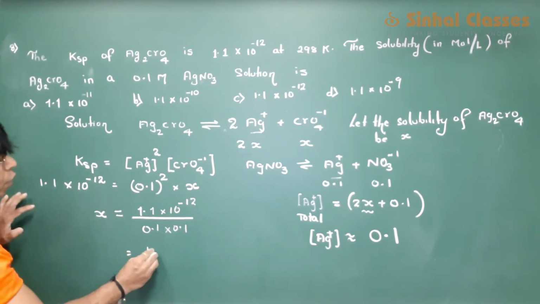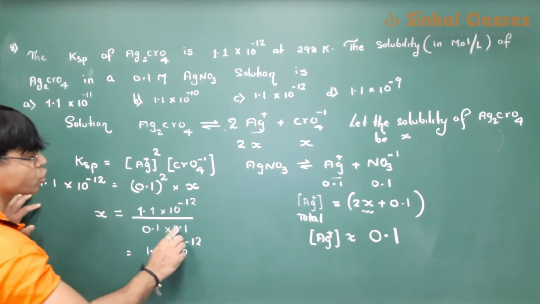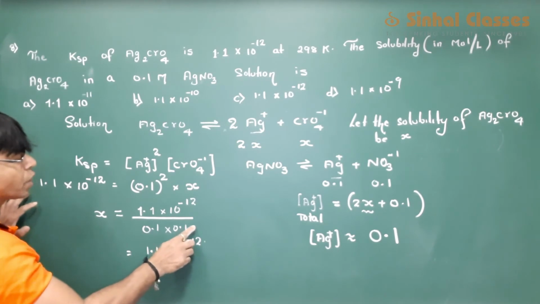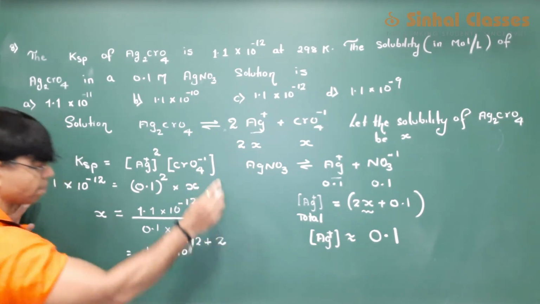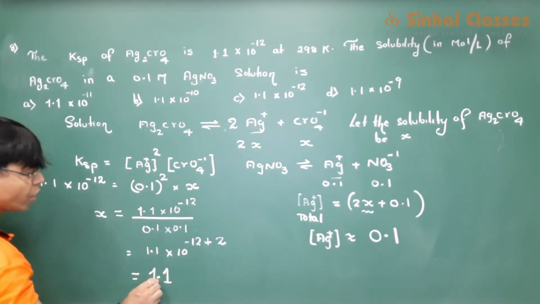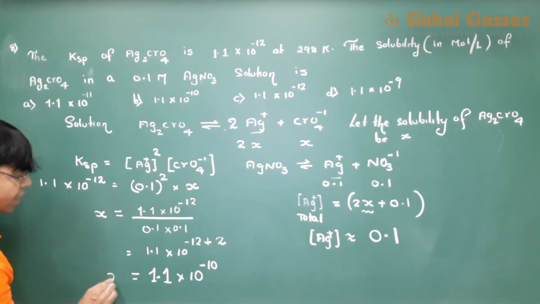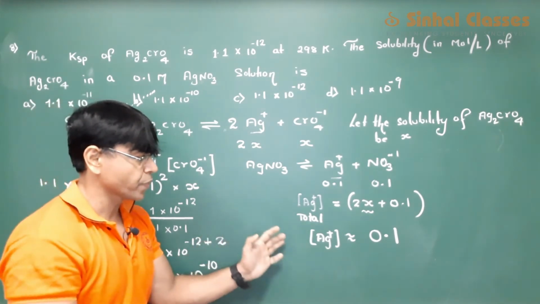So this will be 1.1 into 10 raised to minus 12, and this 10 raised to minus 2 will go on the top, it will become plus 2. So your final answer will be 1.1 into 10 raised to minus 10. So your option B is correct for this question.